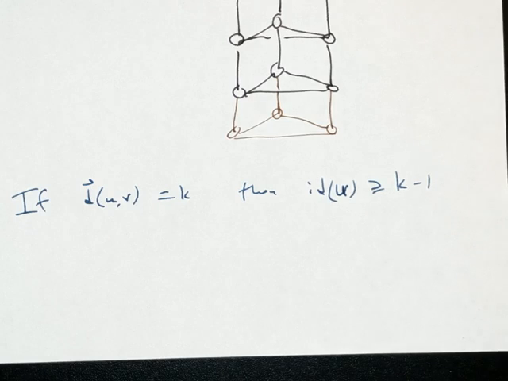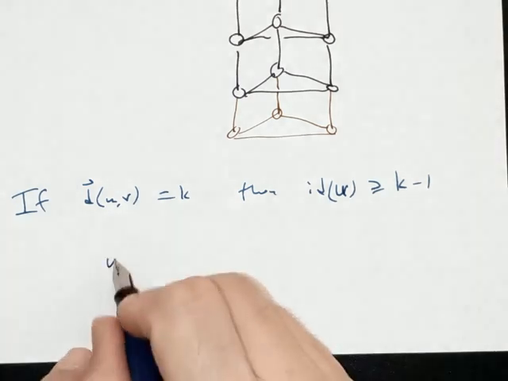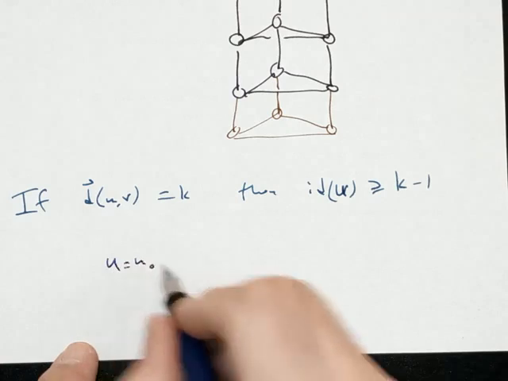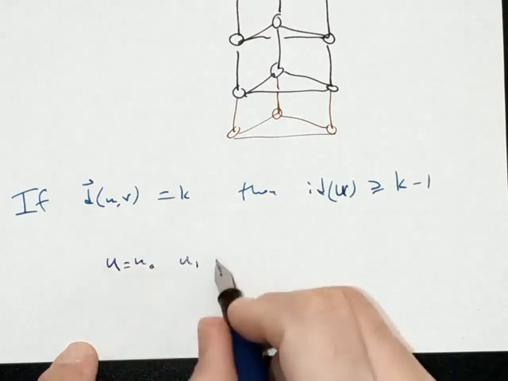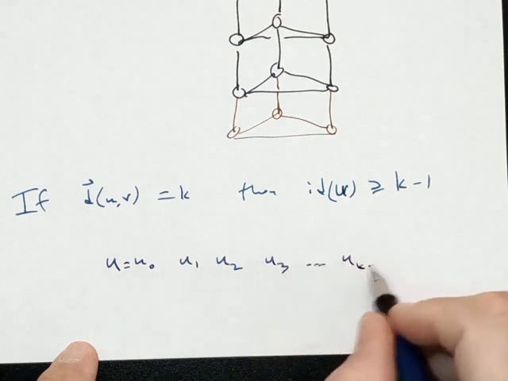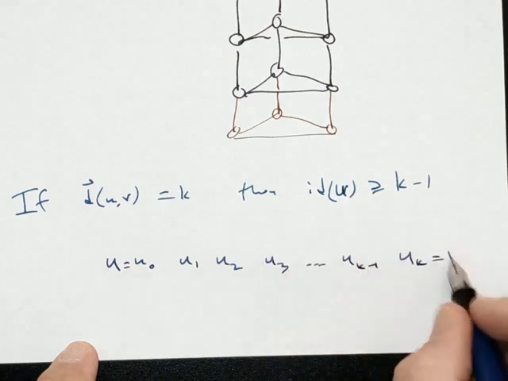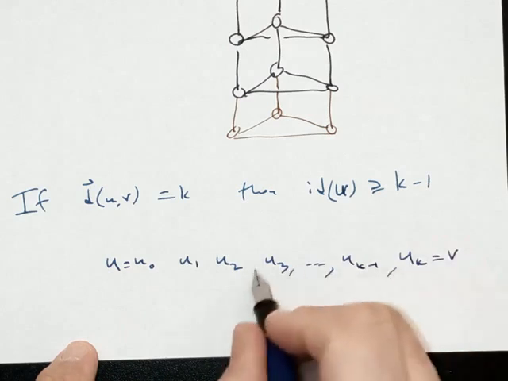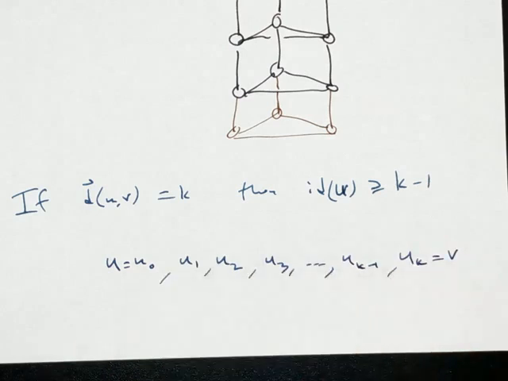If the distance from u to v is k, then this is the shortest path to v.